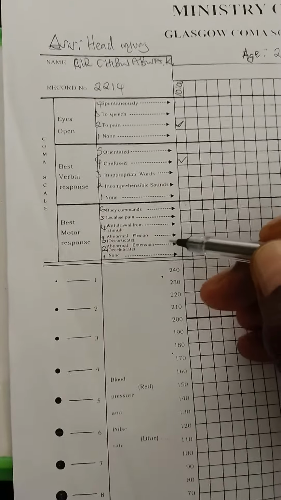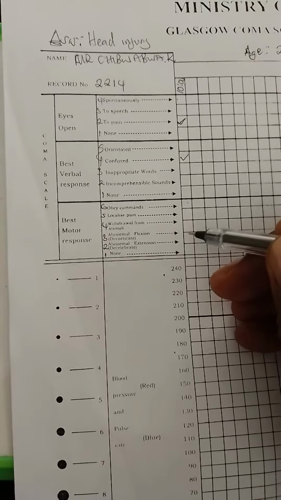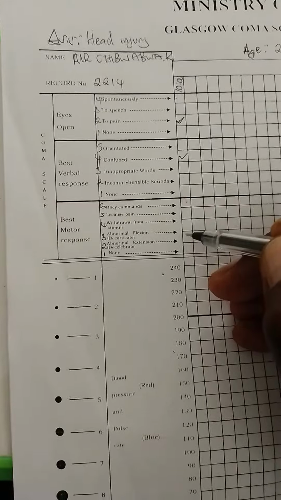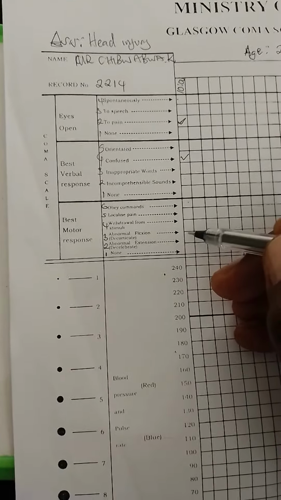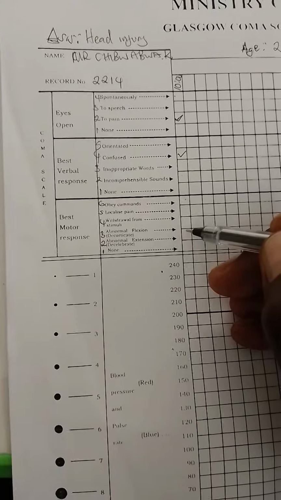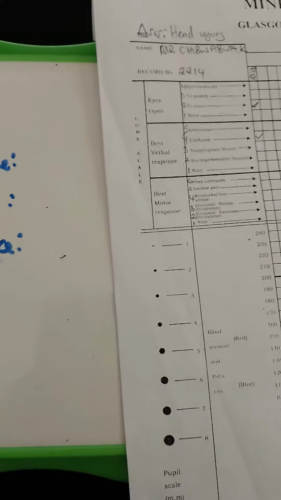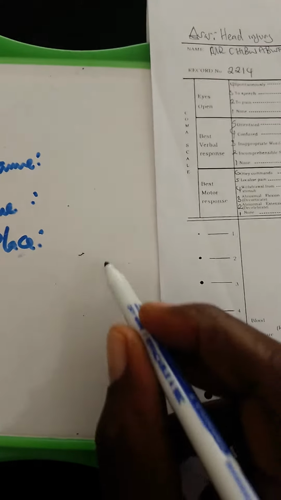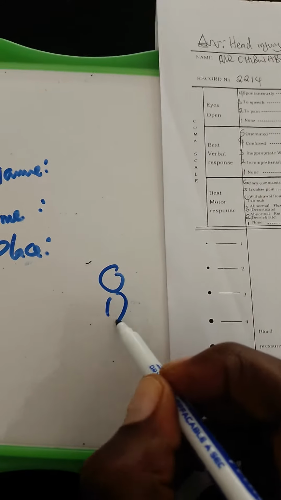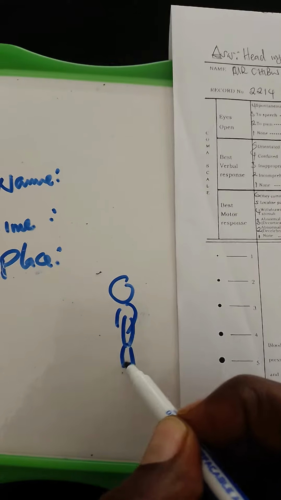So you have to go to 3, which is abnormal flexion. To flex, mostly you know that it's to bend your arm or to bend your knee. But what happens is that when you pinch Mr. Chihuahua, instead of flexing the arm or folding the legs normally, he will fold his arms and legs inwards.